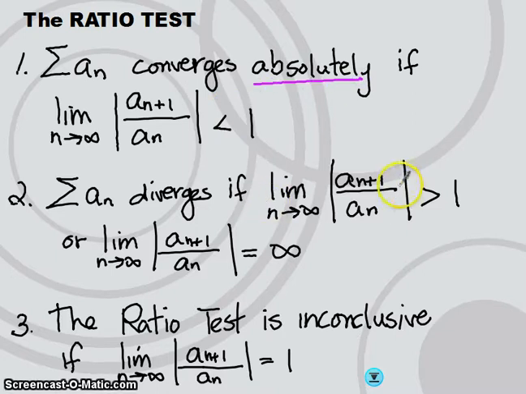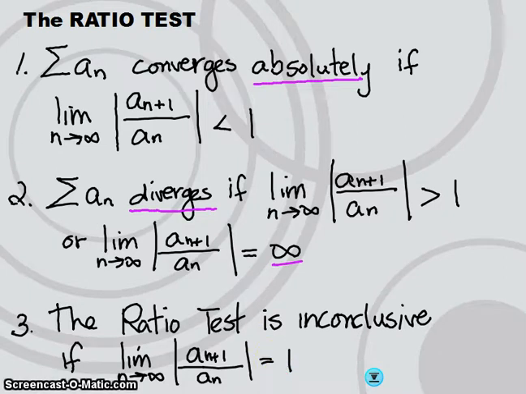If we use that same ratio and we get something greater than 1 or infinity, then it diverges, as it says here. And as you will see later, the ratio test is inconclusive if that limit is equal to 1. If it's inconclusive and we still have to determine convergence or divergence, we're going to have to use another test.